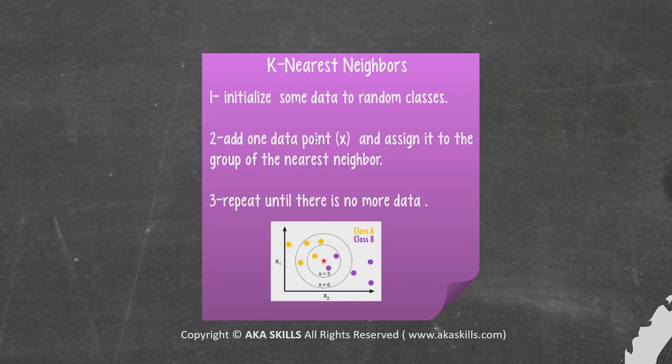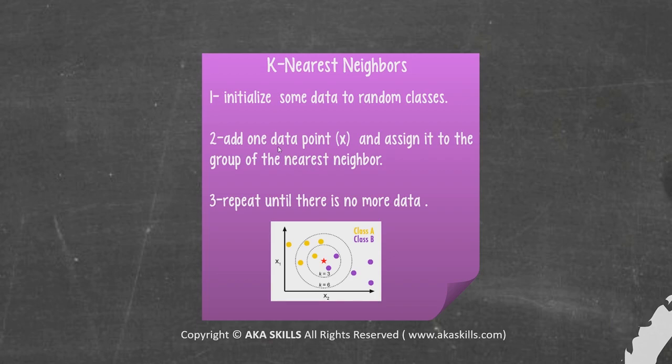We're going to see the example here. So first, initialize some data, the magenta data and the yellow data, to their own classes, the classes we know before, or random classes, but mostly people use the known classes.